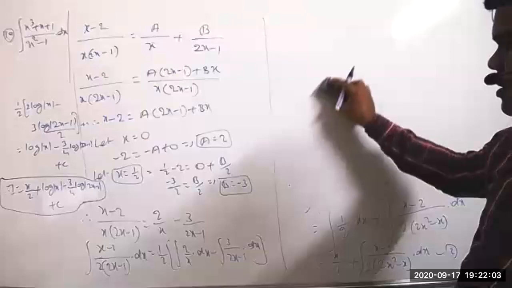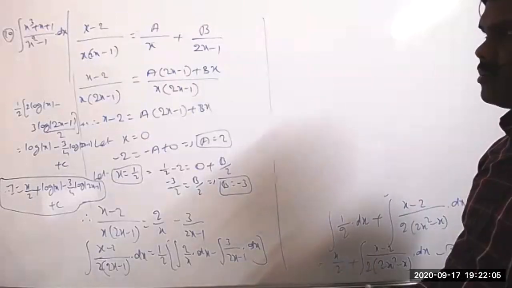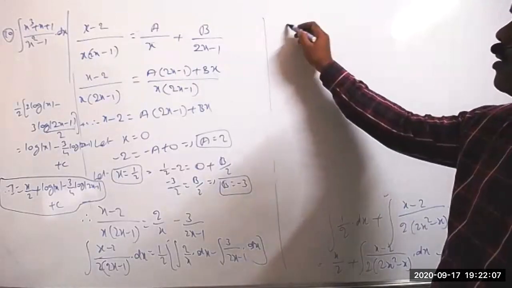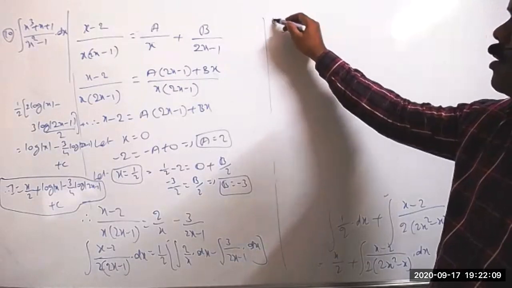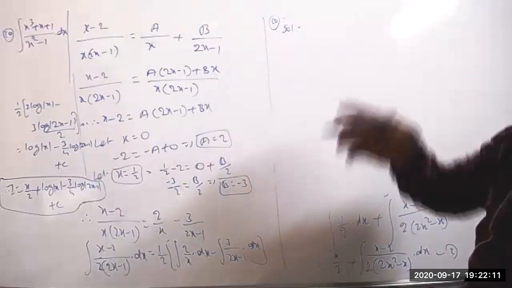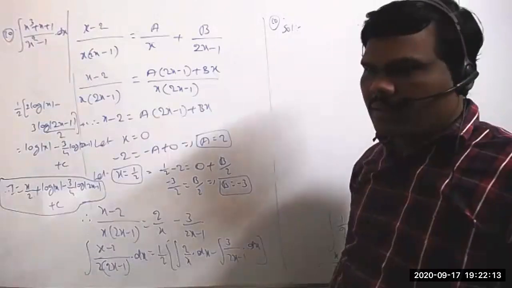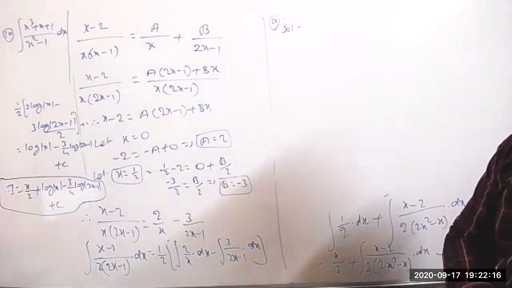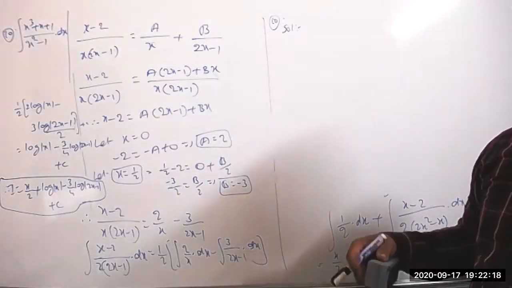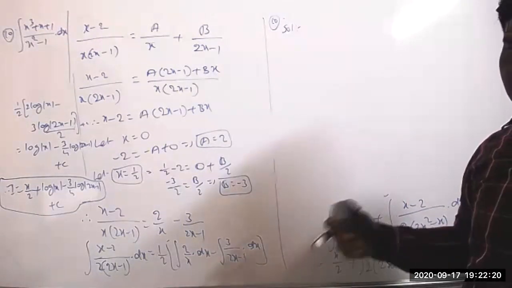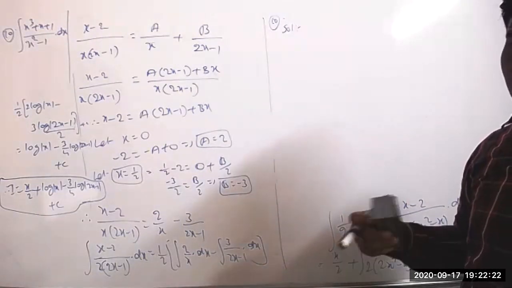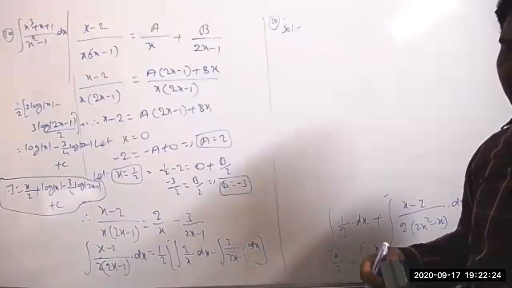Directly, the given function is an improper function. First try once yourself. If you are not getting it, then I'll explain it to you. Because if I work it on the board, you won't get the chance. If you try yourself first, then you will understand very clearly.